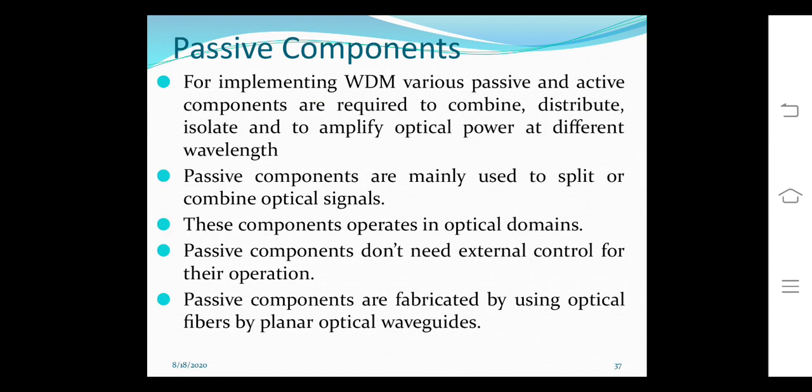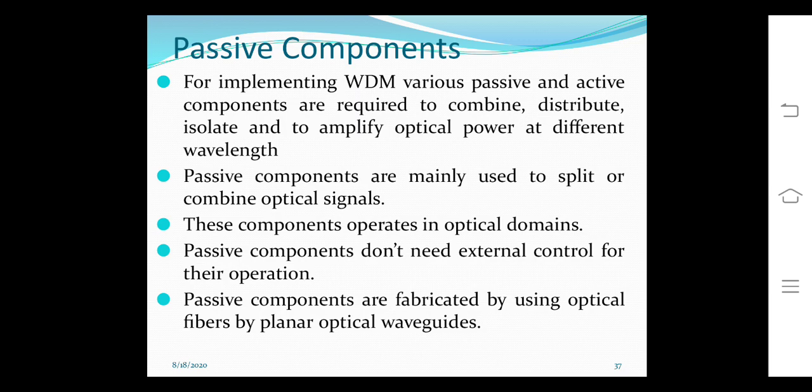Coming to the passive components in WDM. For implementing a WDM, various passive and active components are required to combine, distribute, isolate and amplify the optical power at different wavelengths. The passive components are mainly used to split or combine the optical signals. They operate in the optical domain and don't need any external control for their operation.